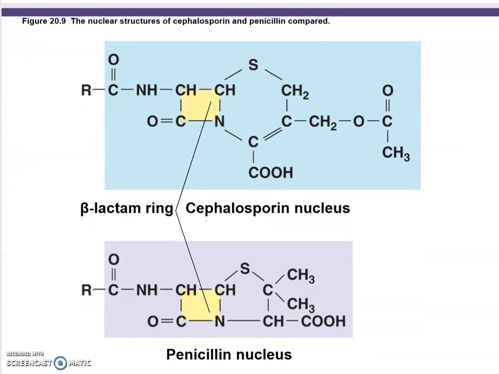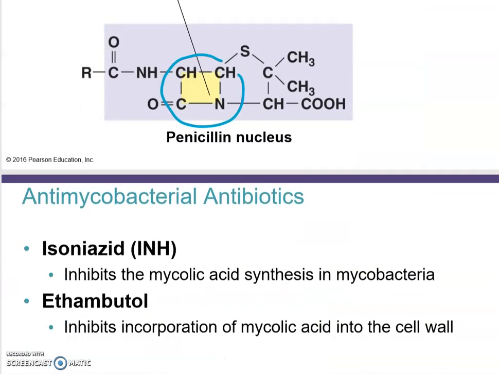So here are the nucleus structures of cephalosporins and penicillins compared. You can take a look at that. I'm not going to make you know these specific chemical structures, but you should be able to identify the beta-lactam ring, this square right here, similar right here, the penicillin nucleus.